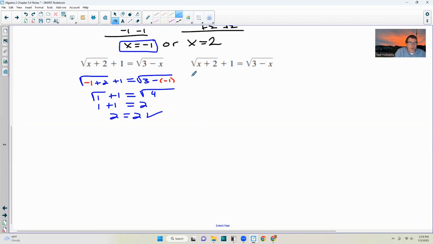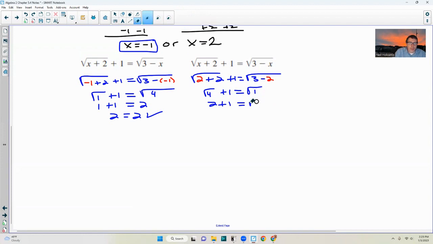Then we check for 2. Okay, so we're going to put the square root of, and now x is 2, plus 2. Got crazy again with my radical. And plus 1 equals the square root of 3 minus, and x is 2. All right, so the square root of 2 plus 2 is the square root of 4, plus 1 equals the square root of 1. 2 plus 1 equals the square root of 1.